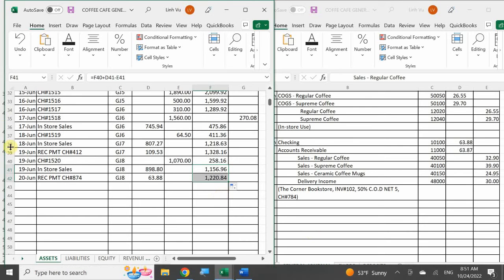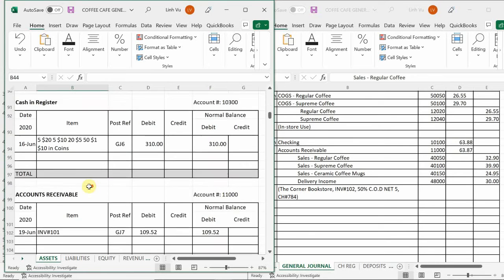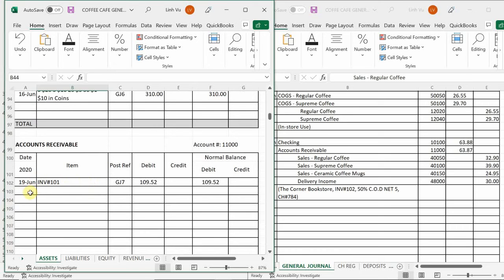Next is accounts receivable. Okay, here we are. How much is the account receivable? $63.87.